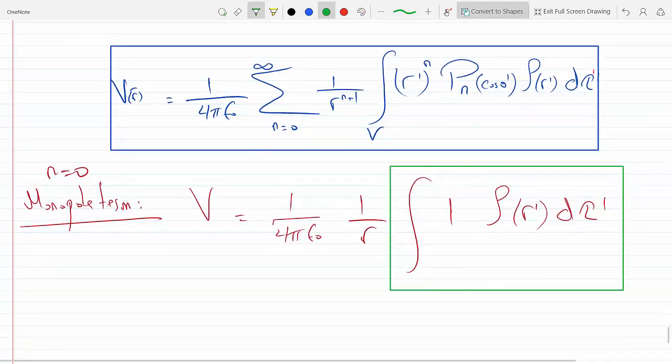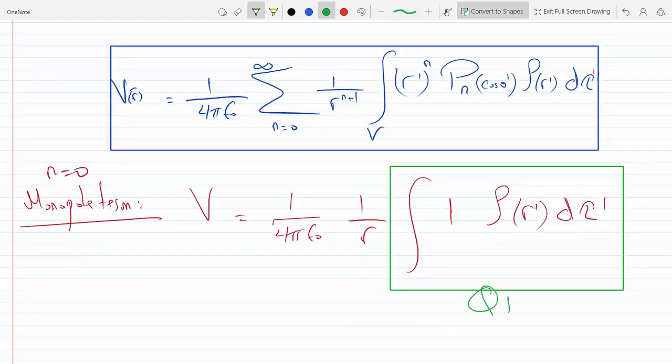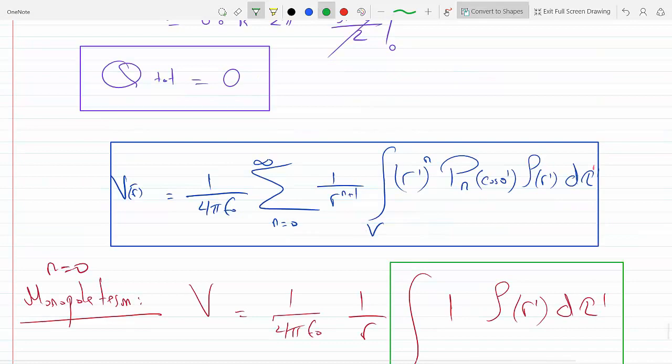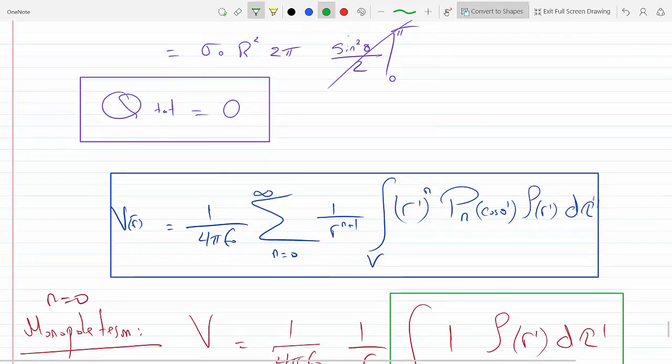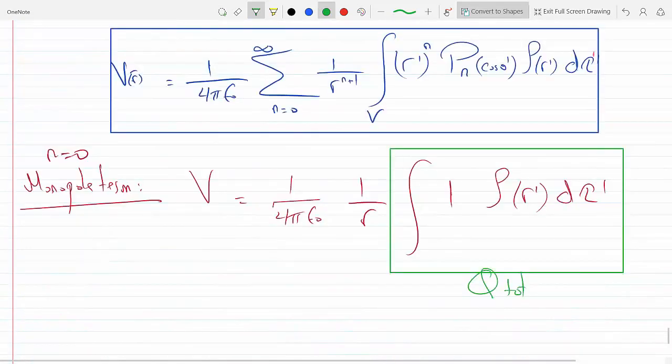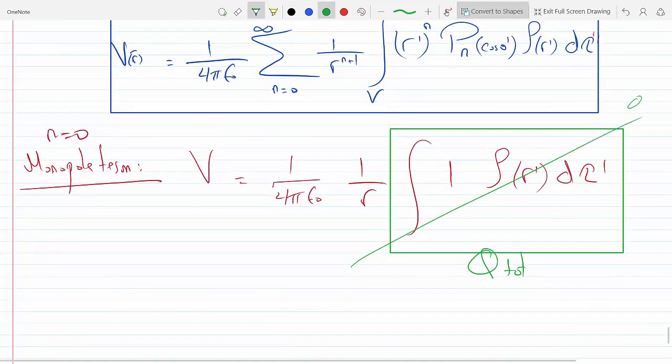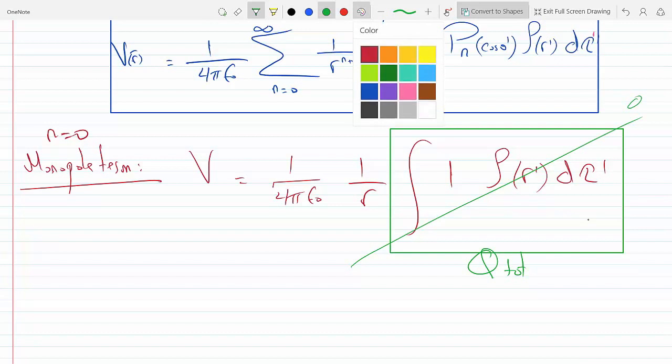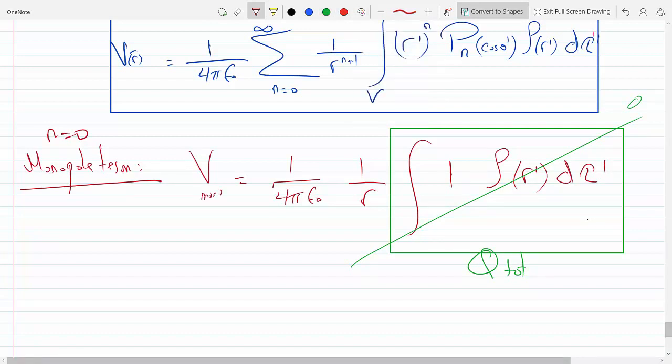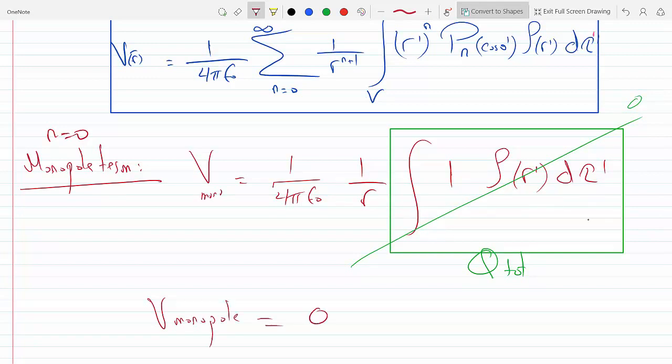This is exactly what we found up there, on the question before this one. This turned out to be 0. So if this is 0, then the monopole term goes to 0. So V monopole equals 0. There's no result from the monopole.